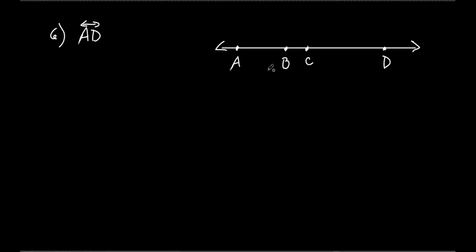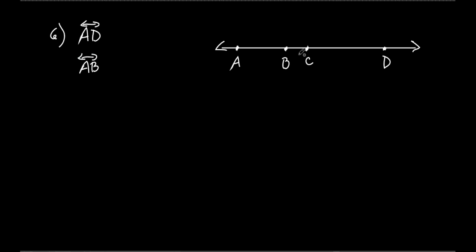I want you to use one of these other points. So you could go line AB, line AC, line BC, line BD. Those are all different ways that you can name it. So you pick. I'll have all the possibilities down. Let's just go AB. So AB would be another way to name that whole line AD.